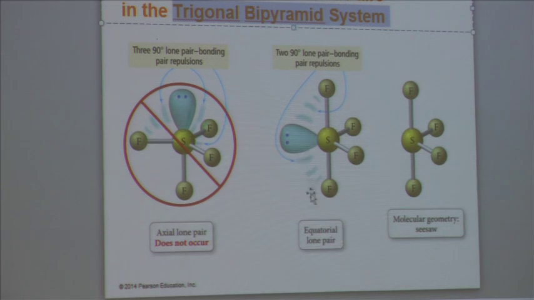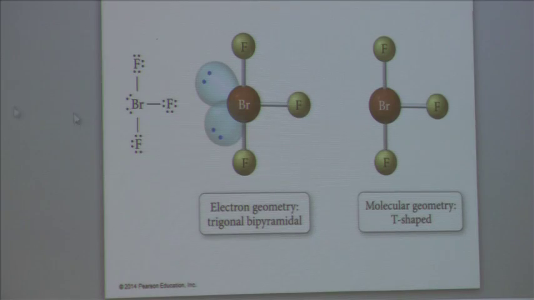It could be on the equatorial, so you have a molecular geometry of SF4, but you could also have SF6. Or it could be a T-shape if this happens to be bromine with 2 lone pairs.